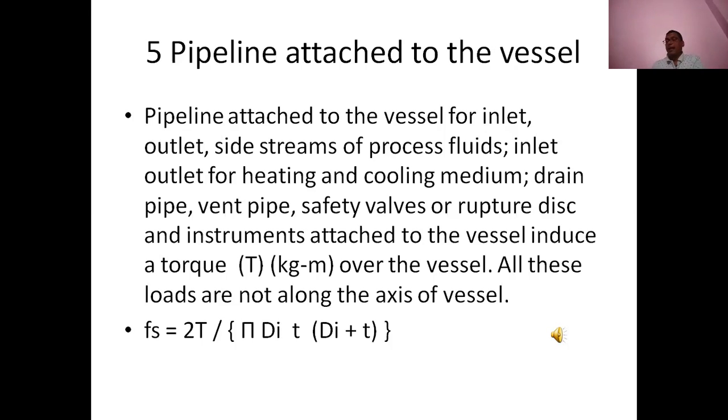Some are attached to this side, some to this side, some here, some here, and all this causes an imbalance in the vessel, and that creates a torque. All these loads are not along the axis of the vessel, and this is calculated as Fs, which is equal to 2T upon pi Di into t into the average diameter, where T is the torque.